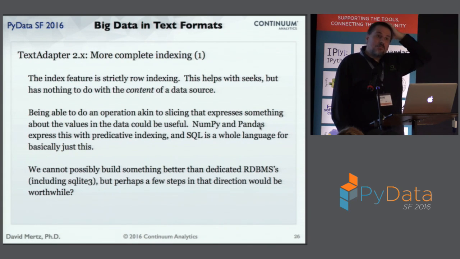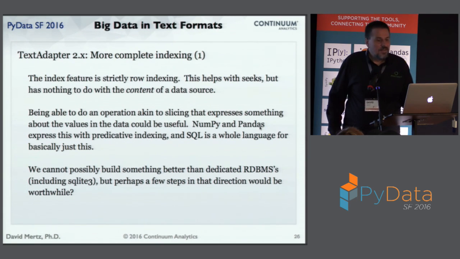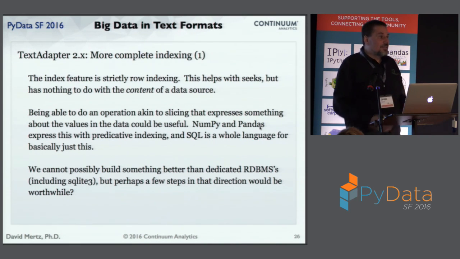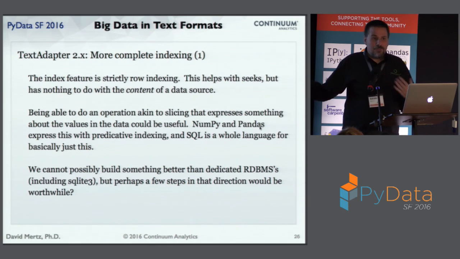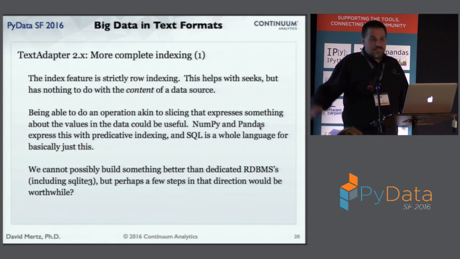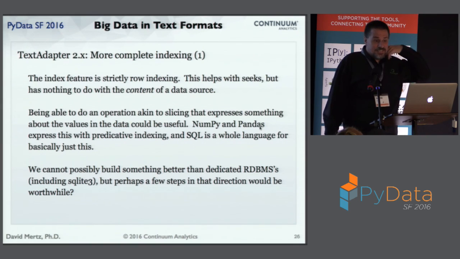I mean, we could add more kinds of indices that were more sophisticated. But on the other hand, it's sort of a trade-off. I'm not going to rewrite Postgres or MySQL or SQLite to do everything it does based on CSV files. And if I tried to, it would be much worse than those implementations.